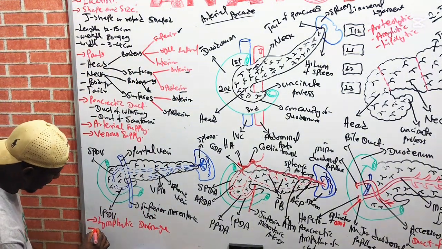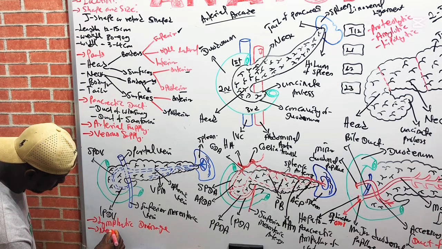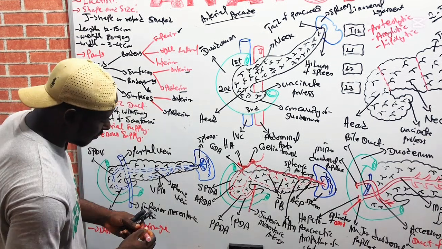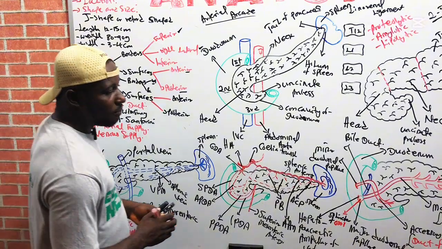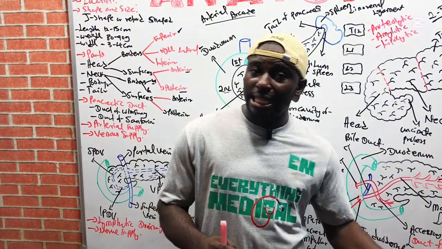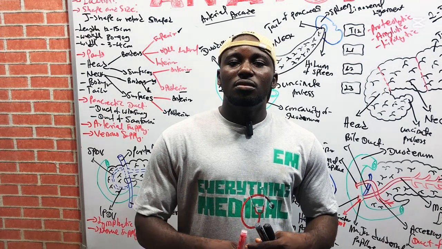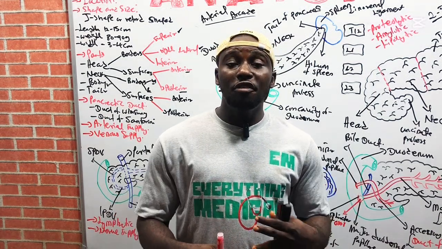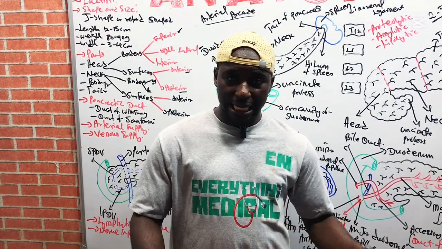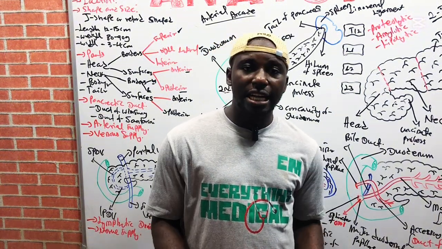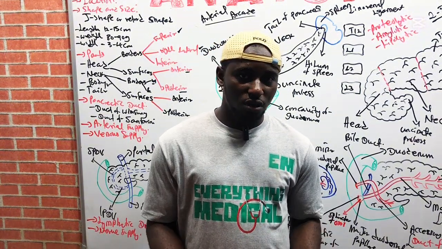The nerve supply. The pancreas has both sympathetic and parasympathetic innervation, derived from the celiac and superior mesenteric plexus, right?